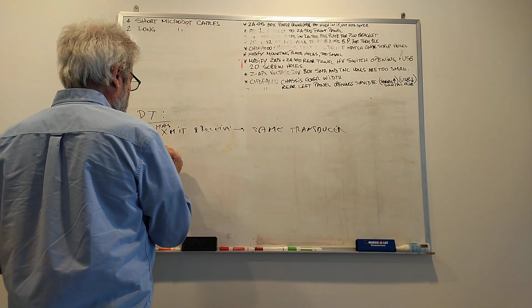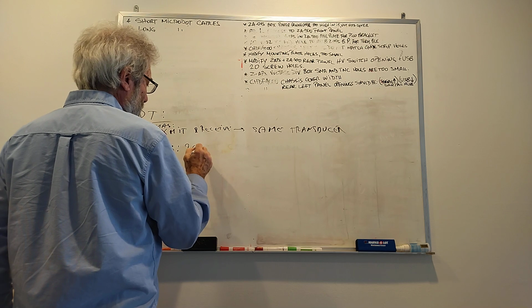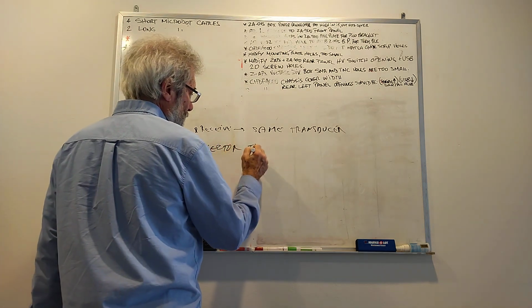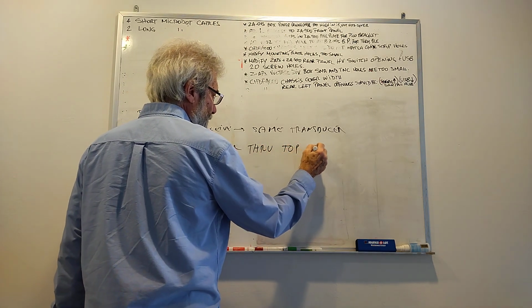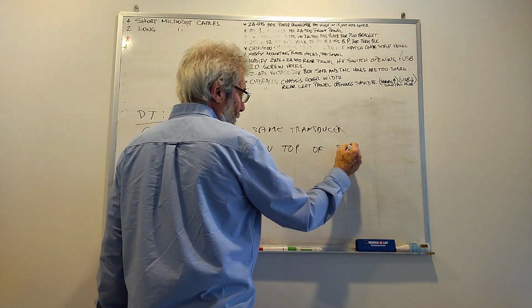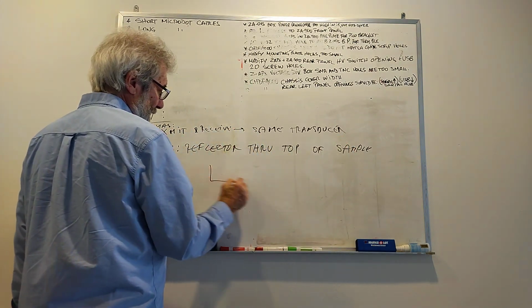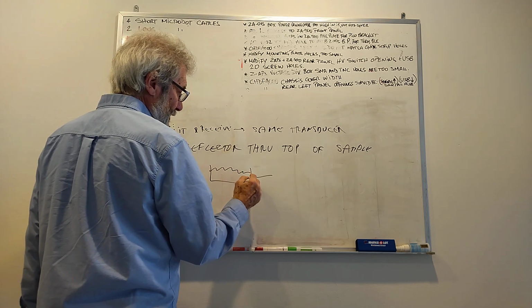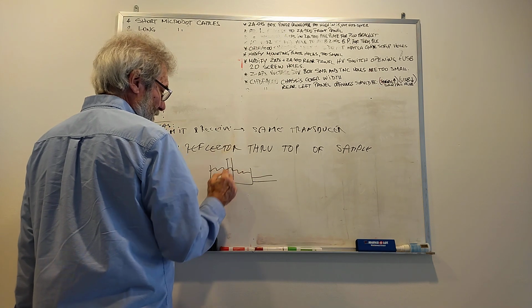And mass also has a reflector through the top of liquid or top of sample. That means that we have the sample cell and we have our transducer here and we have the reflector here that moves.